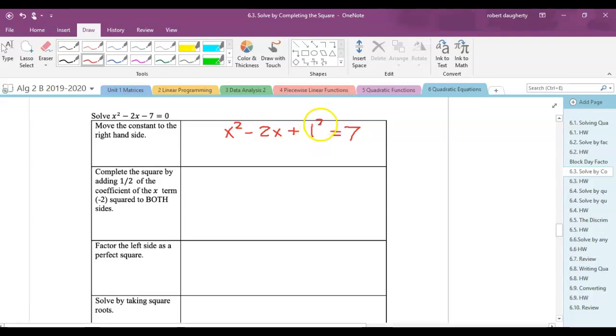I'm adding a 1 to that side of the equation. Half of negative 2 is negative 1, and negative 1 squared is just 1. If I'm adding that to the left, what must I do on the right? I must add that same thing on the right side of the equation. Okay?